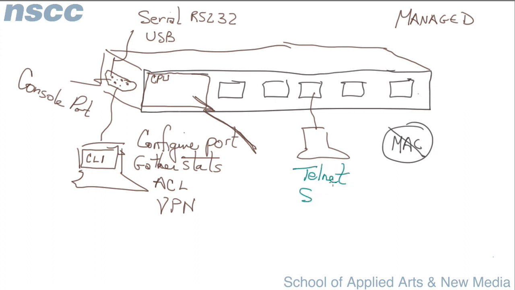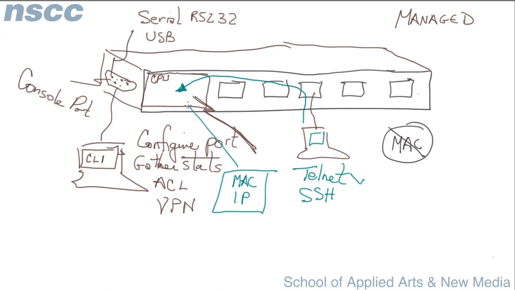Telnet is a non-encrypted standard, basically just acts as a terminal to give you this command line interface, or a secure shell, and you can send frames directly into this command line environment that's provided by the computer inside here. In this case, there is an internal MAC address and usually an IP address that this switch will respond to provide this interface. So that's called a managed switch, and in our course we're certainly going to use managed switches.